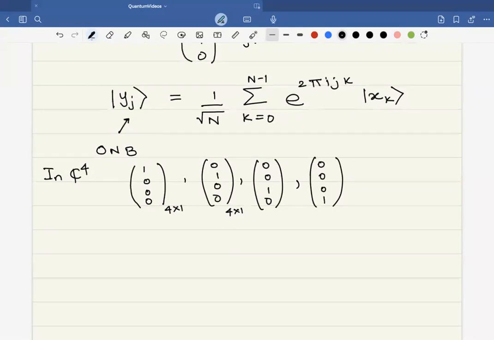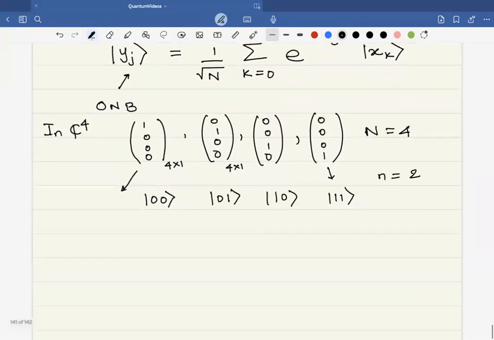So I can represent the first vector as |0>|0>, then the next as |0>|1>, the next as |1>|0>, and the last as |1>|1>. So N is equal to 4 and little n is equal to 2 over here. So I'll need 2 qubits to represent a 4-dimensional Fourier transform.